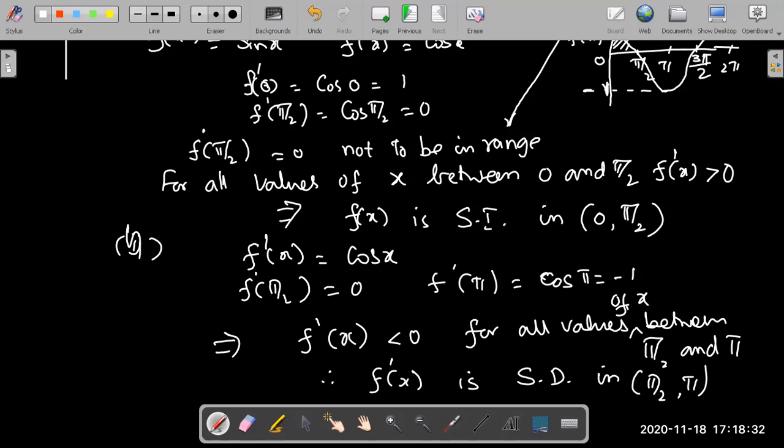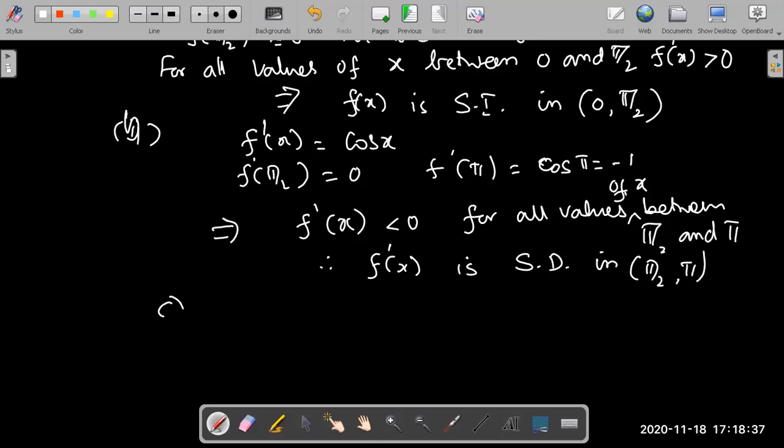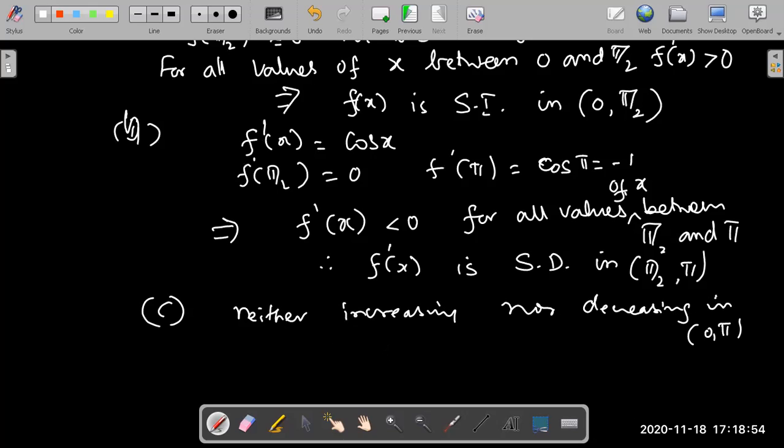There is one more part, C. In part C we have to show that it is neither increasing nor decreasing if you take the interval 0 to pi. What he is trying to say is that between 0 to pi by 2 we got strictly increasing, and between pi by 2 to pi we got strictly decreasing.